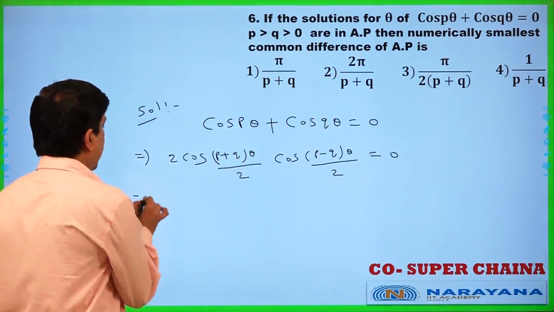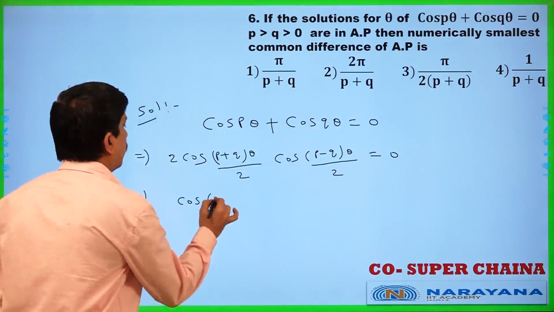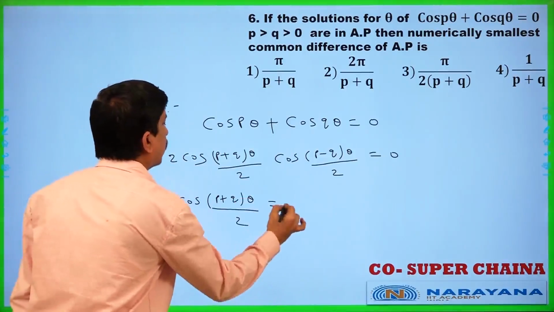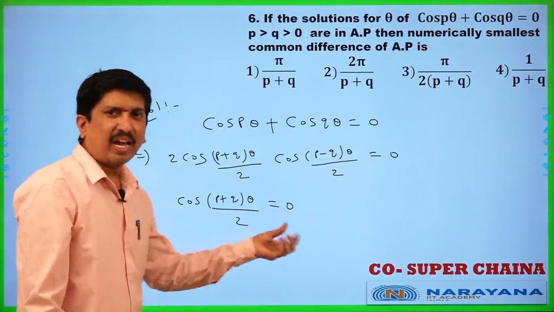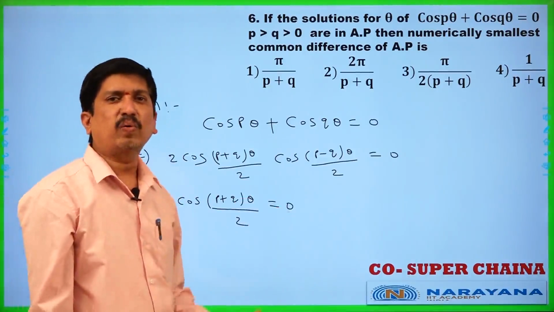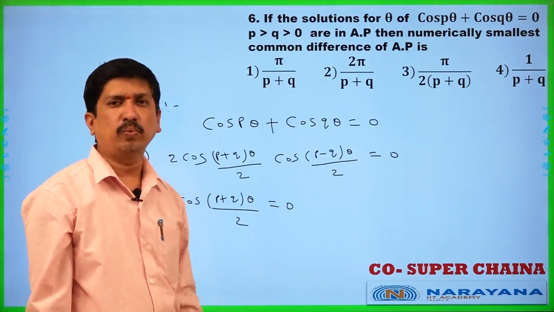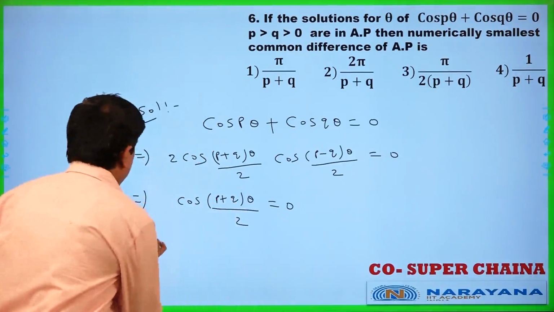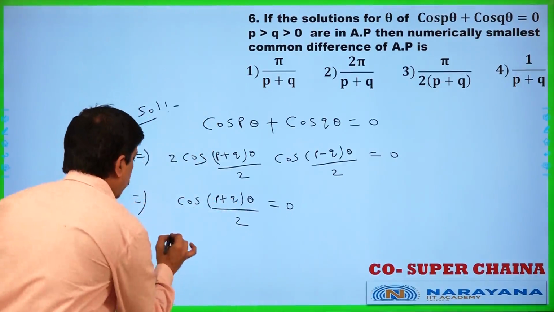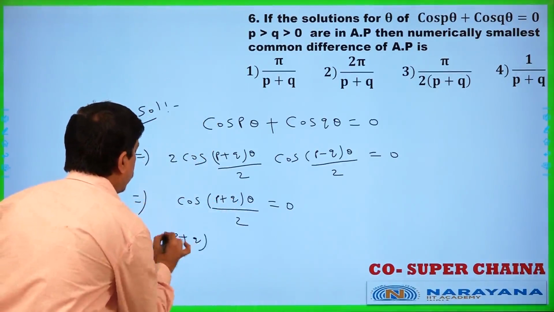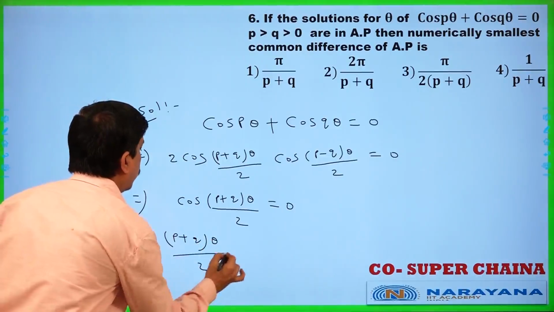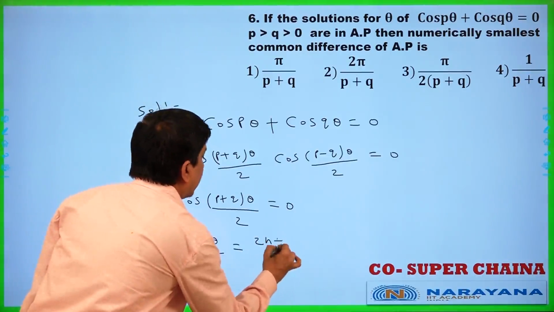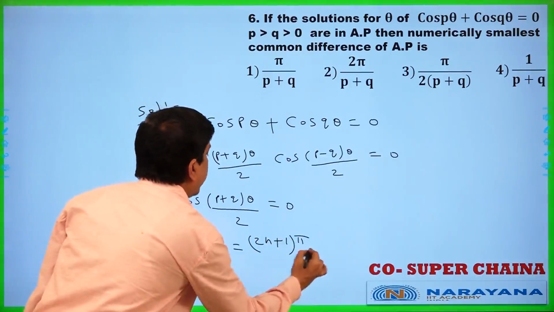Now, here I will write cos of (p plus q) into theta by 2 equal to 0. Cos theta equal to 0, general solution theta equal to (2n plus 1) into pi by 2, where n belongs to Z. Here, (p plus q) into theta by 2 equal to (2n plus 1) into pi by 2.